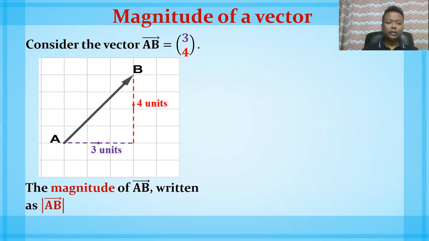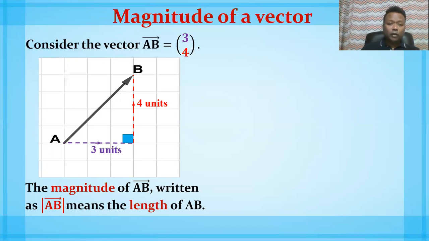Students, the magnitude of the vector AB, written as modulus of AB, means the length of the directed line segment AB. Let us look again at the vector AB on the grid. The angle between the horizontal and vertical components is 90 degrees, or a right angle.